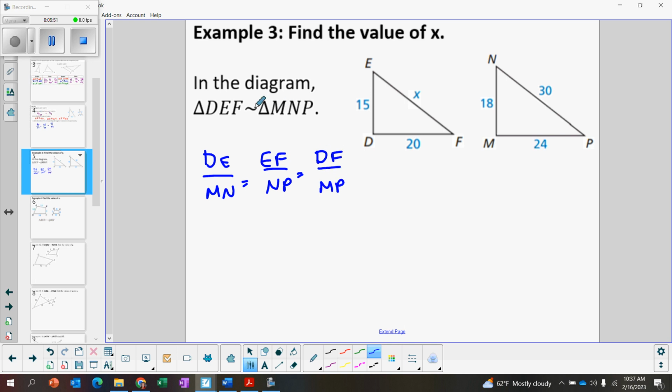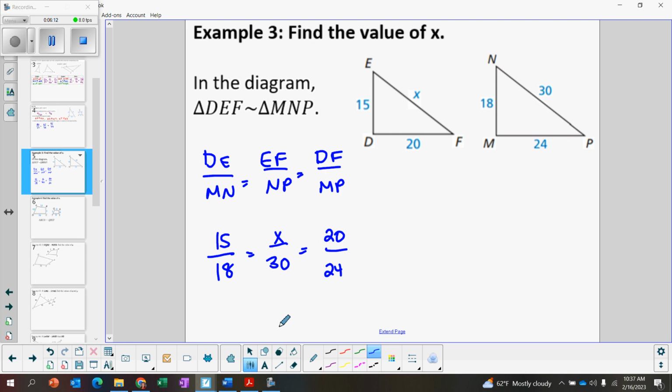And if I did the other one, DE is 15 over MN is 18, EF is x over NP, and DF is 20 over NP is 20.